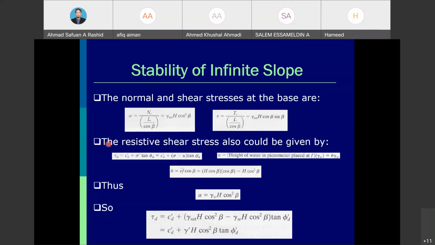So the resistive shear strength could also be given by, in this case, we need to add what we call the pore water pressure. So mu is the height of the water in the piezometer placed at the surface times the unit weight of water.